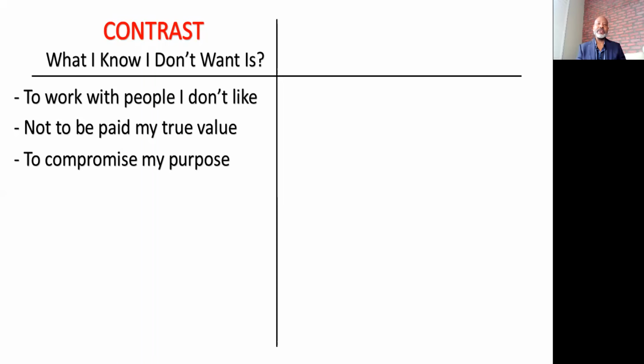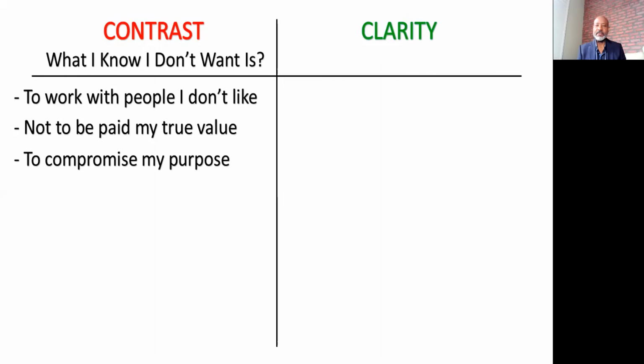So you're actually tricking your subconscious mind by using the word don't here. But when you use don't to attract things, it doesn't work. If I said to myself all day, my contrast, what I don't want is to work with people I don't like. Well, guess what I'm focused on? And guess what I'm going to sort through the world for? People I don't like.